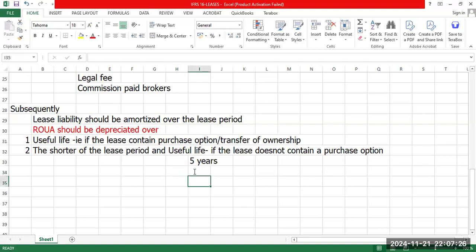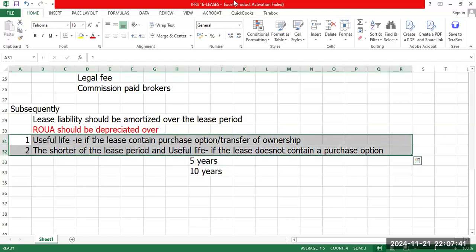It will still be there. You may find that the useful life of an asset is 10 years. Okay? So you need to know as you depreciate, am I going to use 5 years or 10 years? And these are the conditions we base on. Is it clear, colleagues?